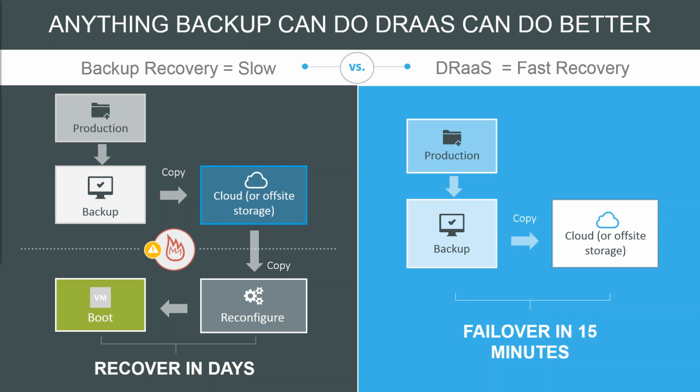But on the right, you see DRaaS, and this is going to protect entire systems and recover running machines in minutes, because you're simply spinning up compute resources where the data sits. So it's a big difference to be able to fail over in just 15 minutes versus taking days to recover the entire environment. So Infrascale gives two great solutions for ransomware without having to sacrifice any critical data.